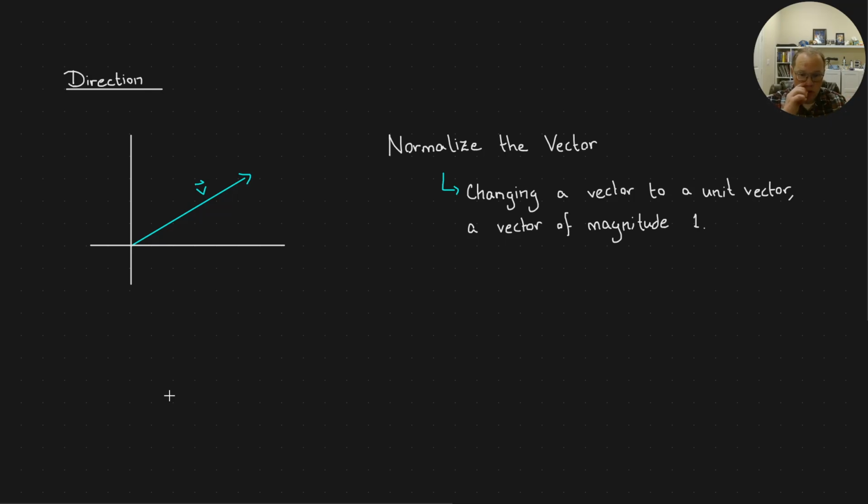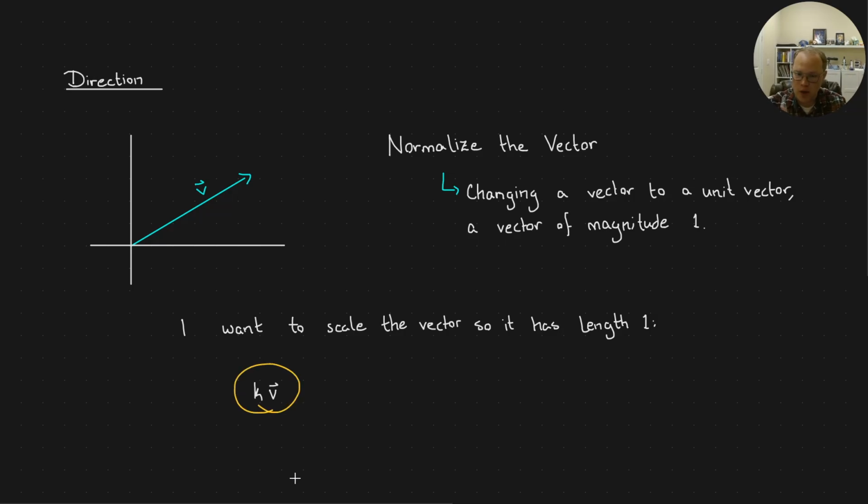So if I want to normalize the vector, I want to scale the vector so it has length 1. So let's take our vector, let's multiply it by a scalar, and we need to figure out what this scalar needs to be so that the total length of our new vector is 1.